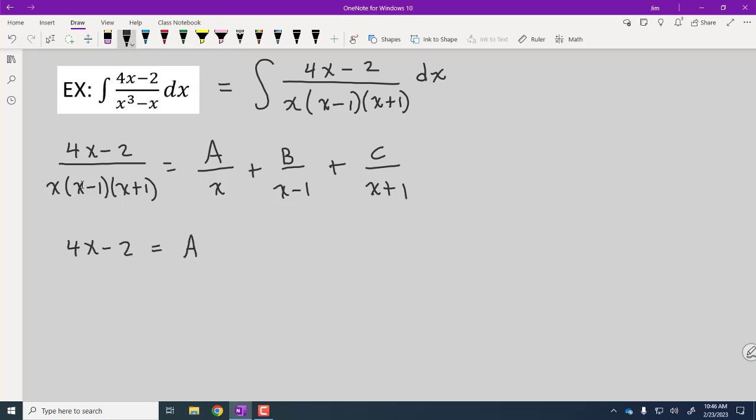So we imagine this denominator. It's got 3 factors. When we multiply it by each of these 3 fractions, 1 factor will cancel for each. When we multiply it by the a fraction, the x's cancel. So we're left with x minus 1 and x plus 1. When we multiply that denominator by the b fraction, the x minus 1's cancel.